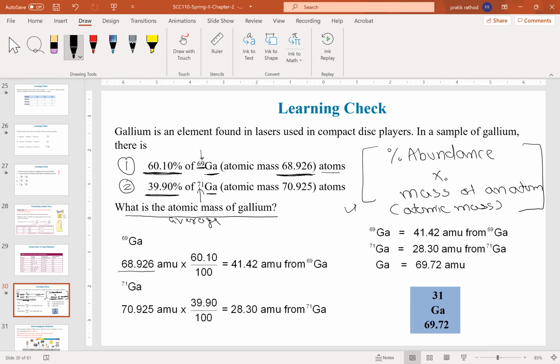So we're just going to use that number, multiplied by the percentage abundance, 60.10%. Whenever we use a percentage, we divide by 100. That's what the percentage sign means. So if the number is given as 60.10%, you can write it as 60.10 over 100, right? Everybody understand that?